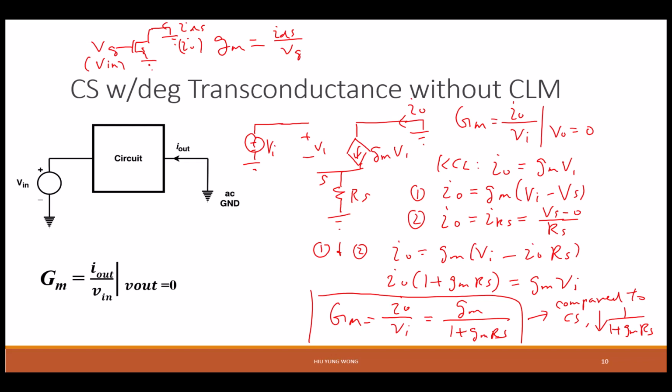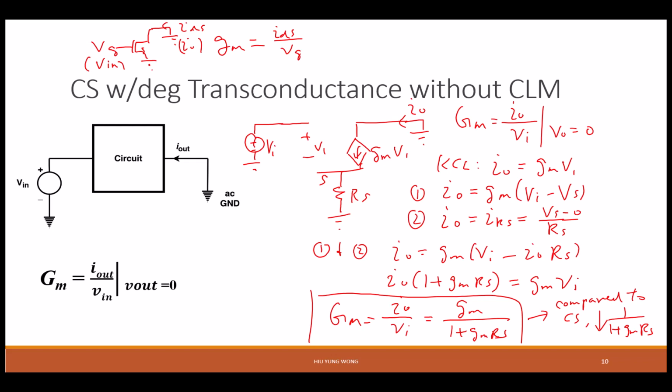Okay, so my goal is to find the relationship between Iout and Vin, right? What is KCL? Iout equals Gm V1. Agree? So what is V1 again?